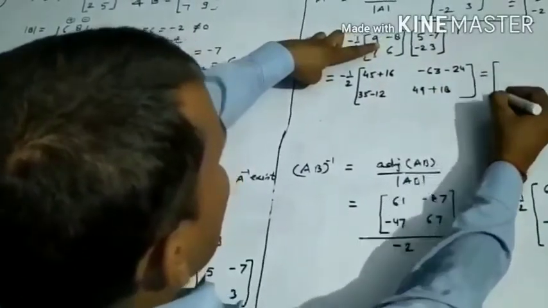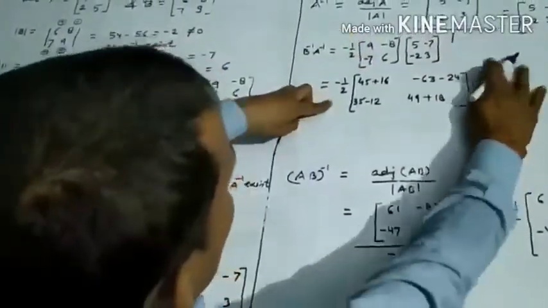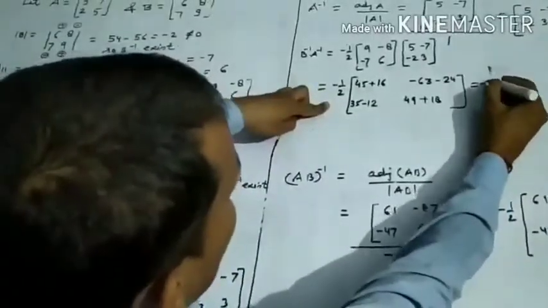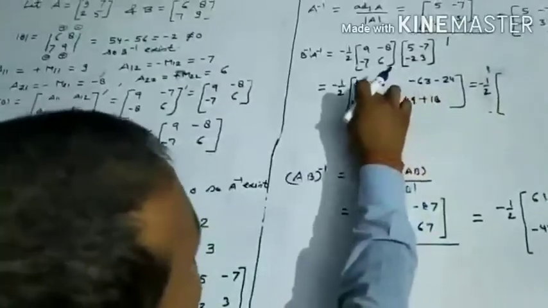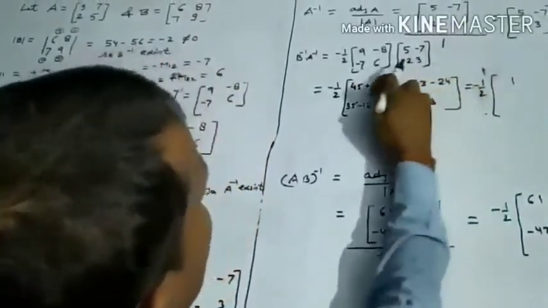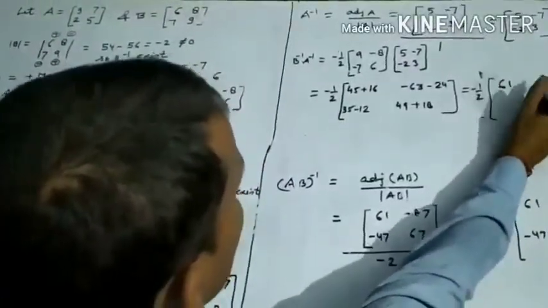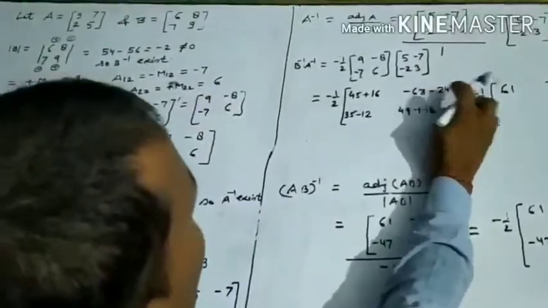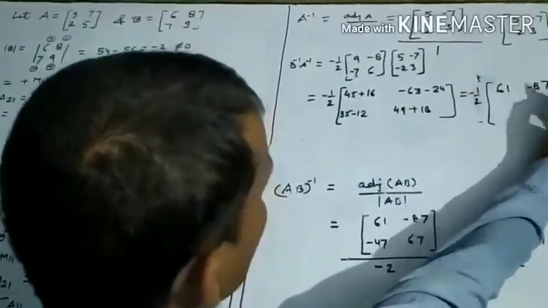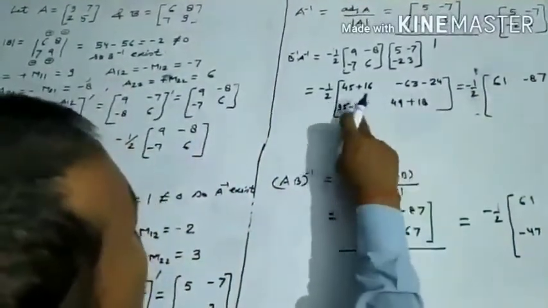So after that you can see minus 1 by 2, and here 1, then 61, and then 7 into 8 means minus 87.